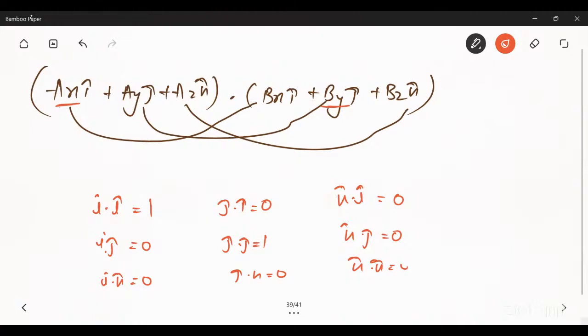And the AX I component with the K component of B. On multiplying, you will get AX I with BZ K. So again you will get 0 value.